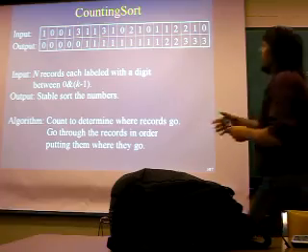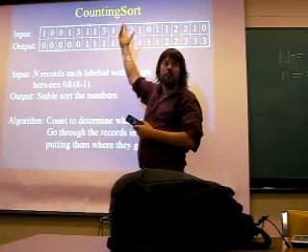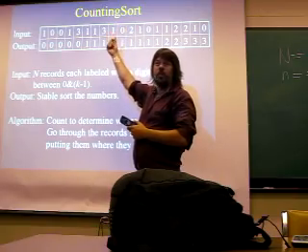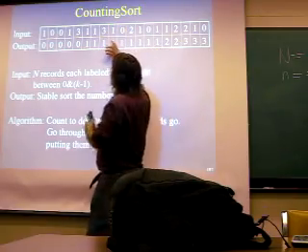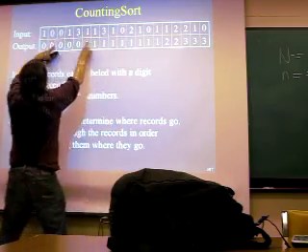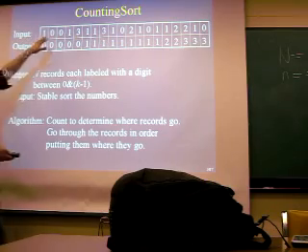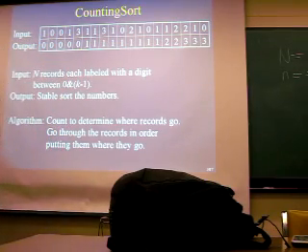So this 0 and this 0 are not the same, and the order matters, ultimately they're treated as different. So we want it to be stable, so that these two zeros have to end up in the same order that they were in before. Everybody good with that? And by the name counting sort, we're going to do it by counting, right?